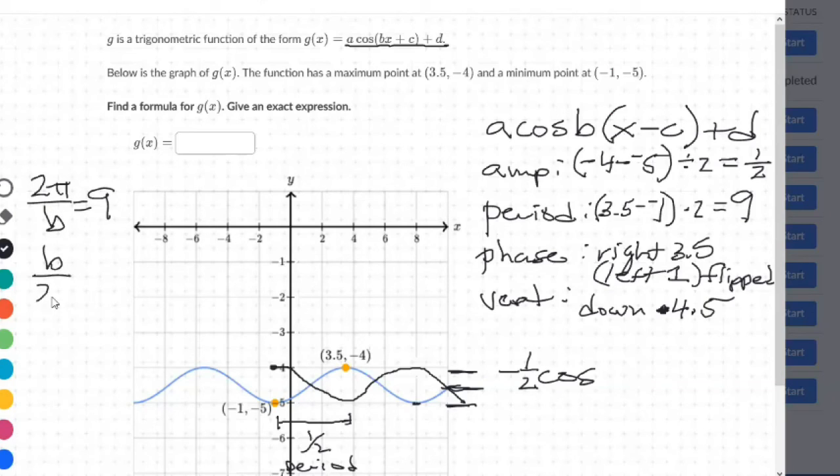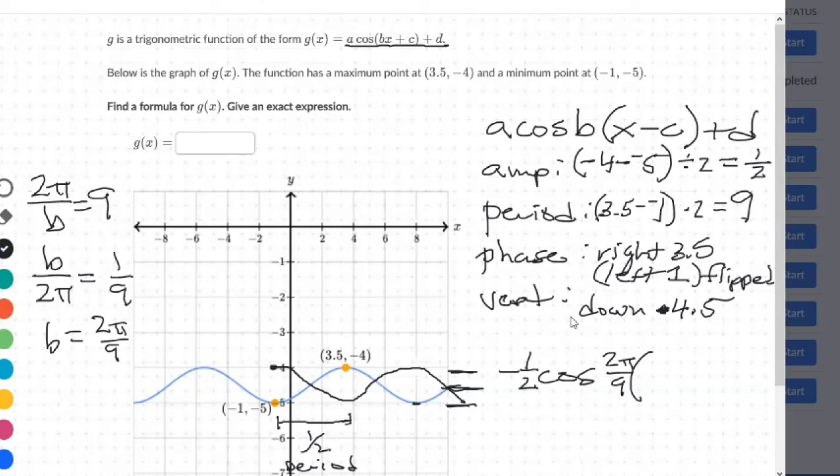So b over 2 pi equals 1 over 9. That's one way to do it. So then this would be 2 pi over 9.